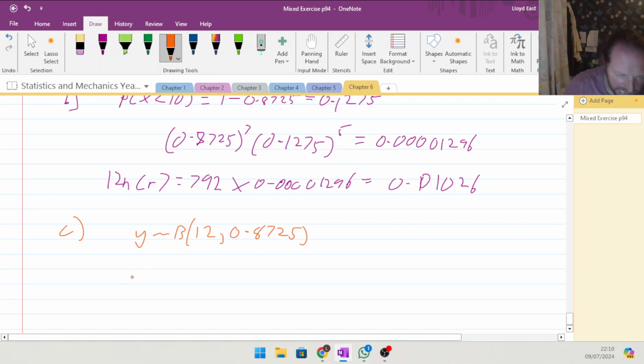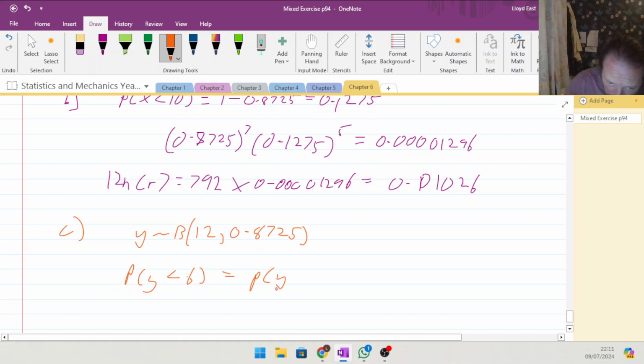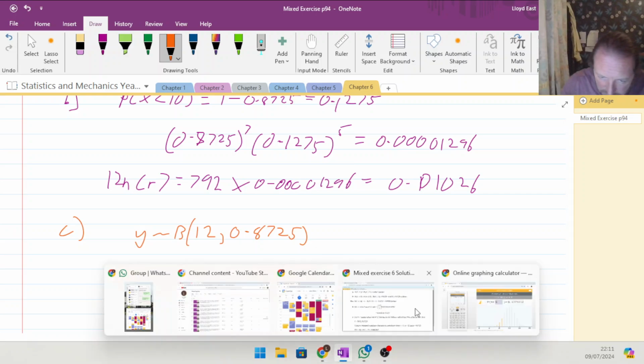Okay, and now we are looking at the probability of y being fewer than 6. So that's going to be 5 or less, isn't it? Okay, which can be the probability of y being less than or equal to 5. Okay, which we can put straight into the calculator.